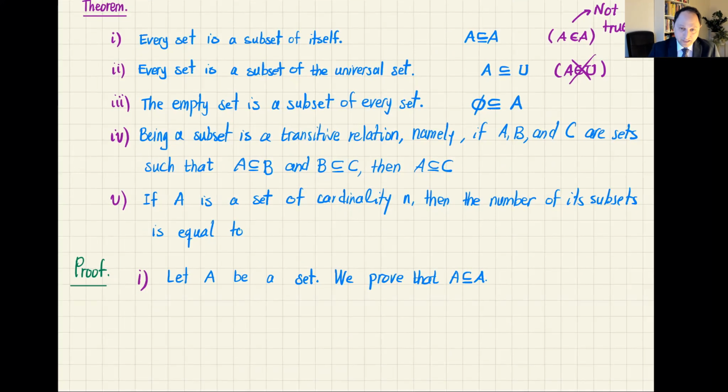It's very clear, isn't it? This relation is true if and only if whatever is an element of the left-hand side is also an element of the right-hand side. Because now the left-hand side and the right-hand side are exactly the same sets. So if something is in A, it's definitely in A, and then I am done, as simple as that.